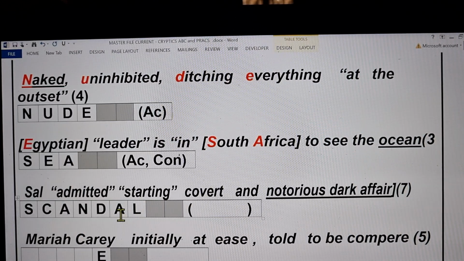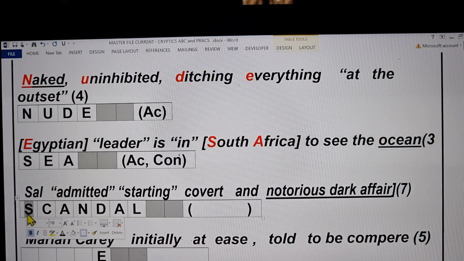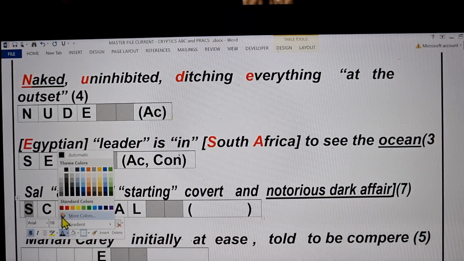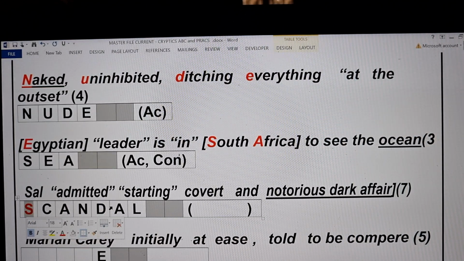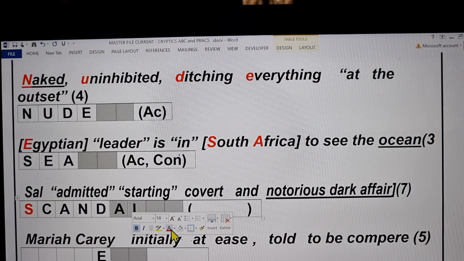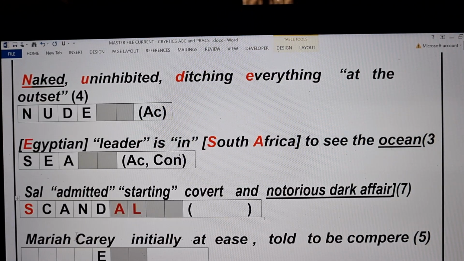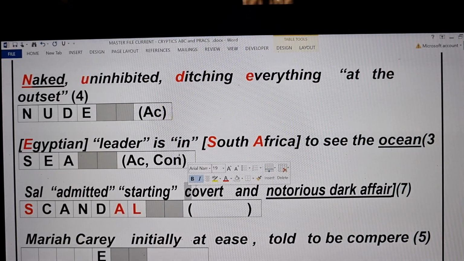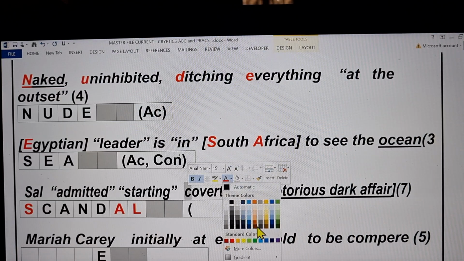It certainly fits. Well, Sal is a proper name, usually in the fodder, and you can see Sal is there, isn't it? There's the S, and there's the AL. Right, and what's inside Sal? CAND. Well, where's the CAND come from? Starting is your flag, and there's the C. I'll mark that in something different.